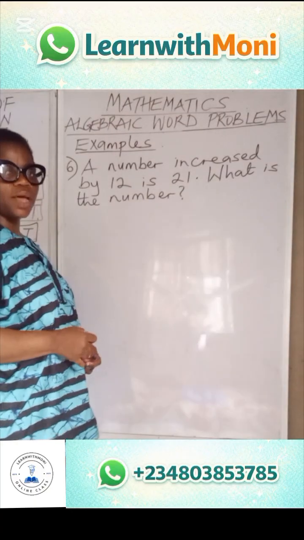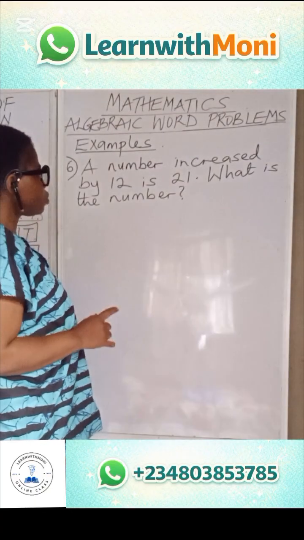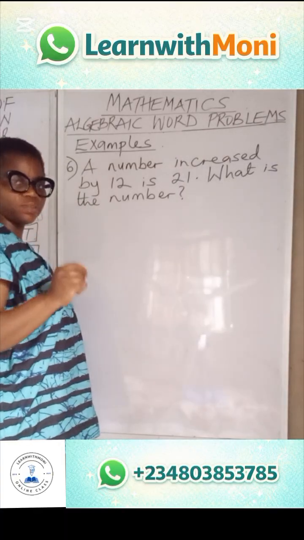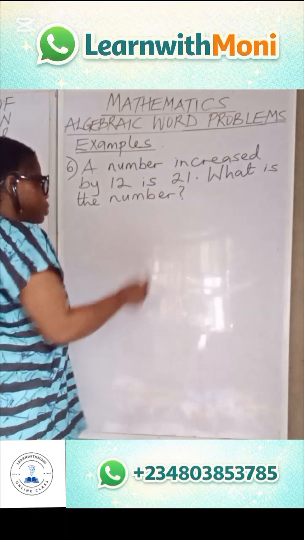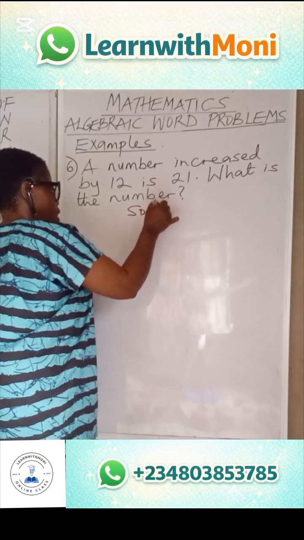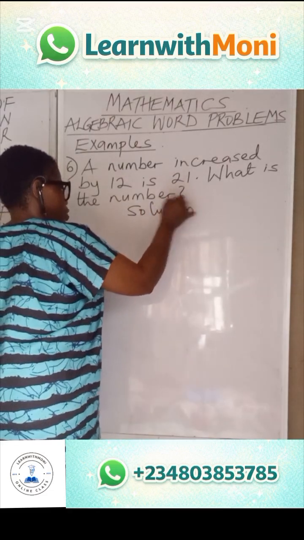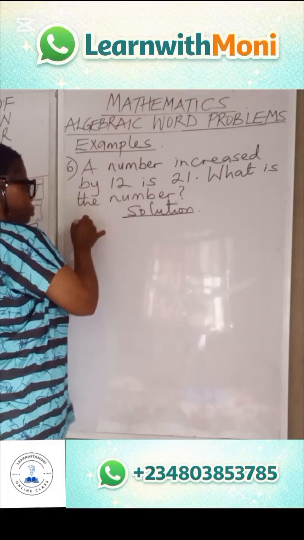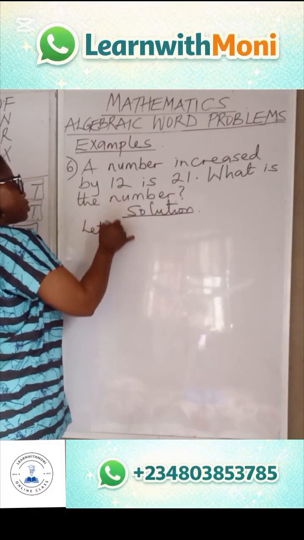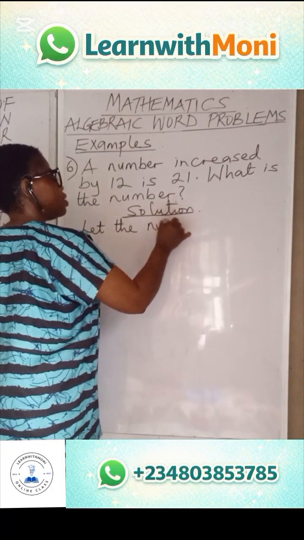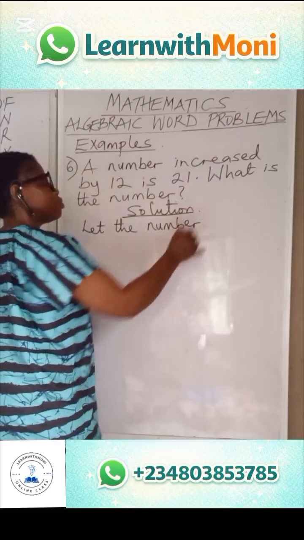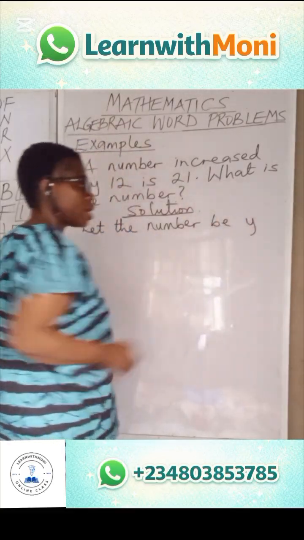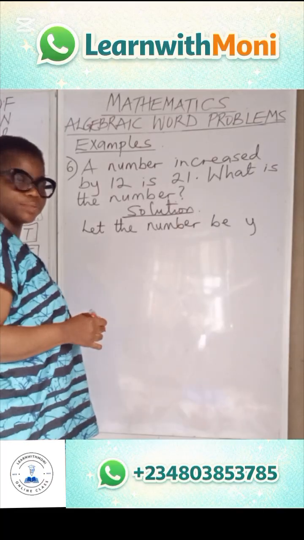Let us look at more examples. This is another example. We are told that a number increased by 12 is 21. Let's interpret this into an expression or an equation and solve the equation. A number, we don't know that number. You start by saying, let the number be y. I want the number to be y.